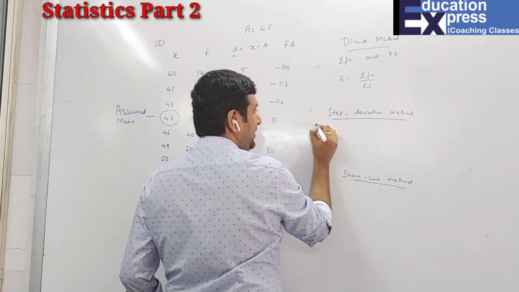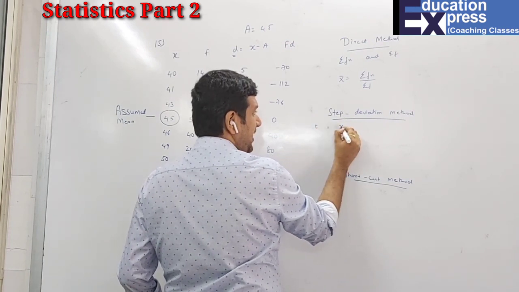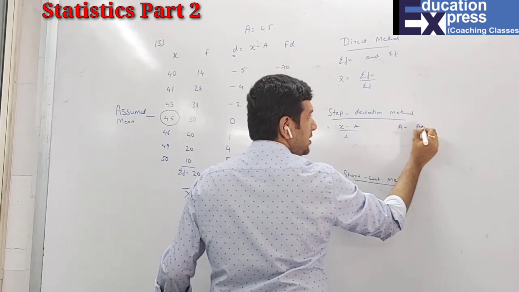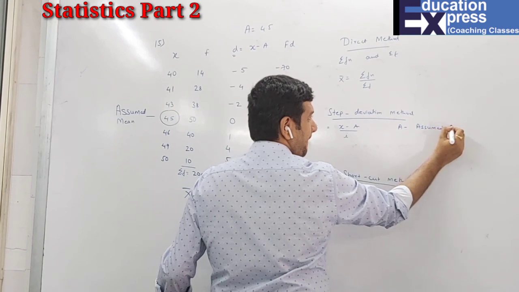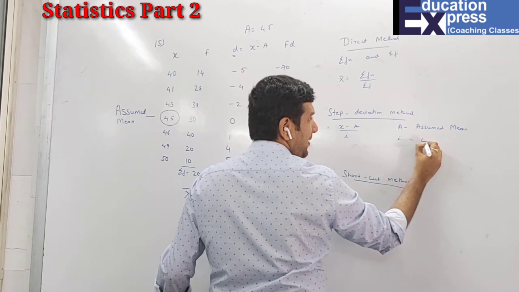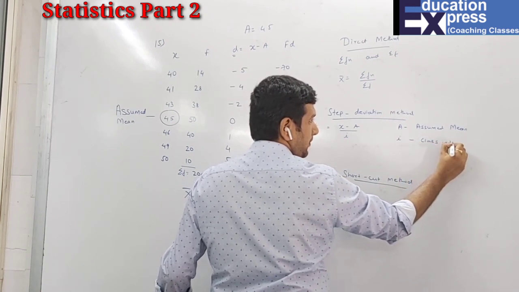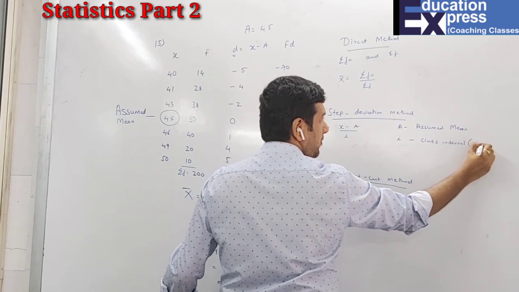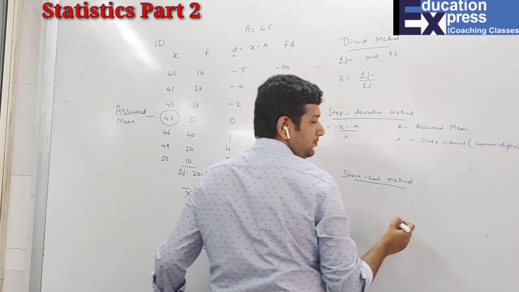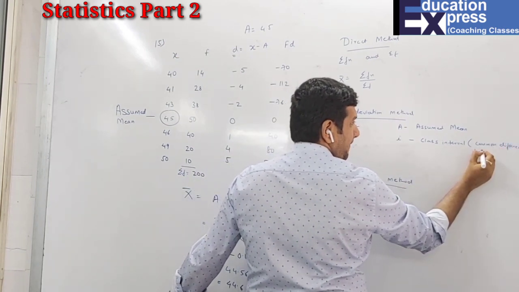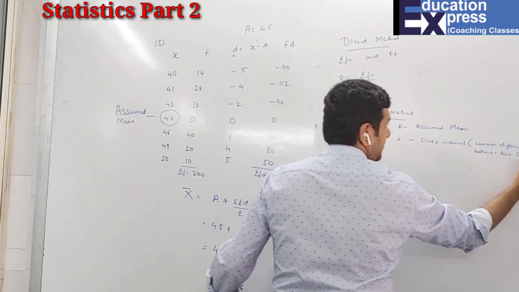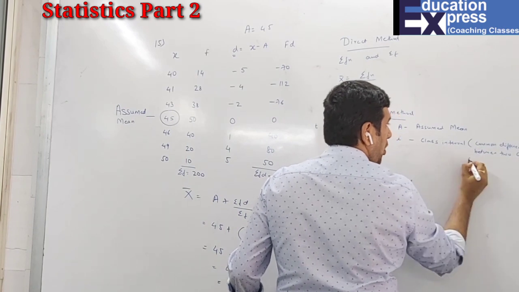Here, first you have to find t, that is x minus a upon I, where A stands for your assumed mean, I stands for your common gap, class interval, or you can say the common difference between two consecutive observations.